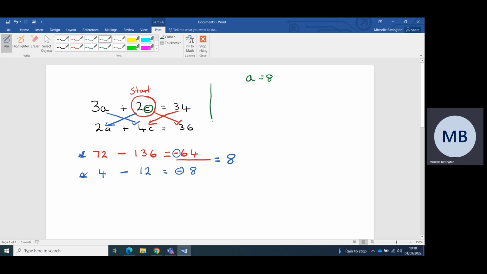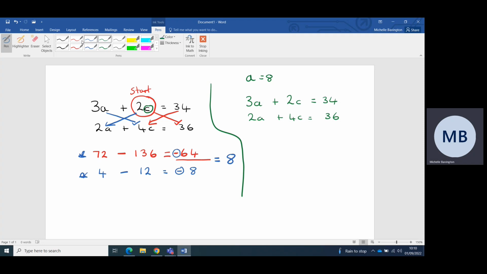Now we're going to find out what C is by using A equals 8, or you could do it this way. Let's rewrite it out. 3A plus 2C equals 34, and 2A plus 4C equals 36.